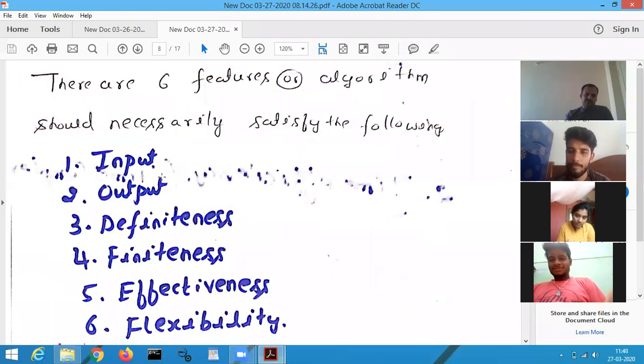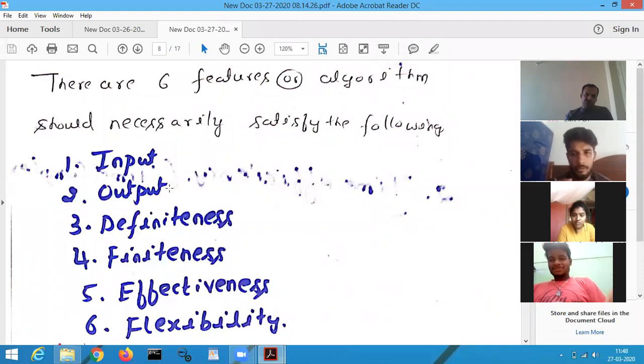Every algorithm should have some valid input. If I take finding the shortest path on a map, the valid input is the source and the destination and the map. If I want to find out the meaning of a word in a dictionary, the input is the dictionary along with the word that you are searching for.